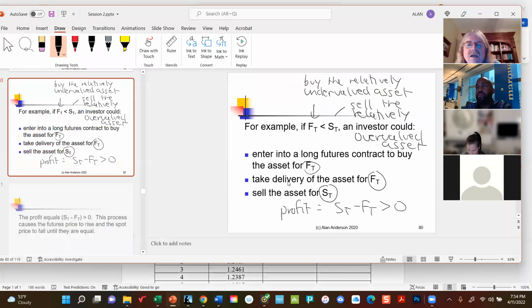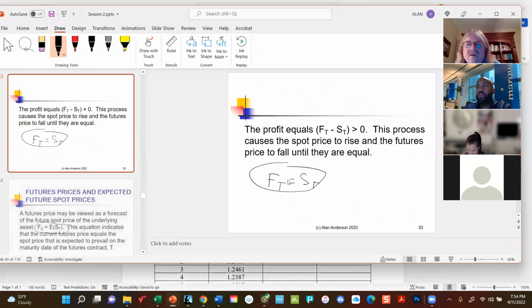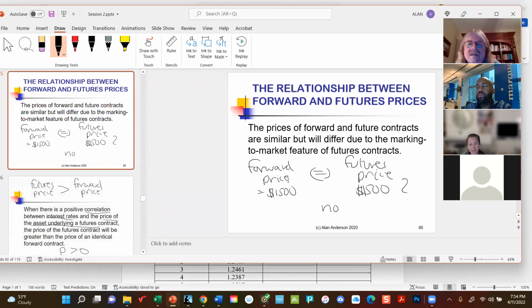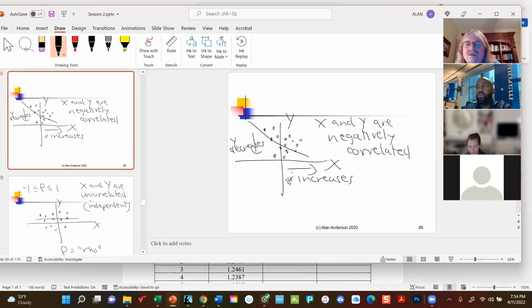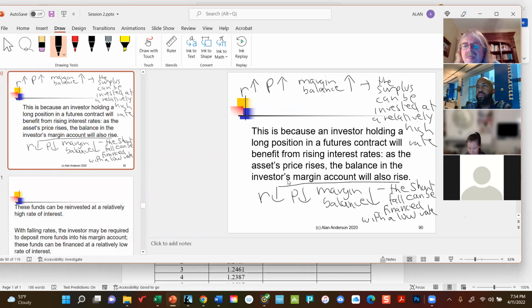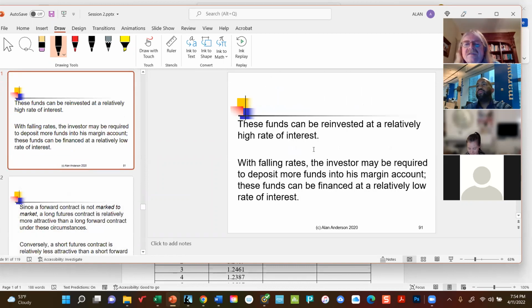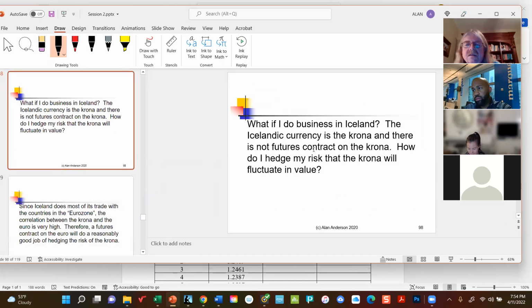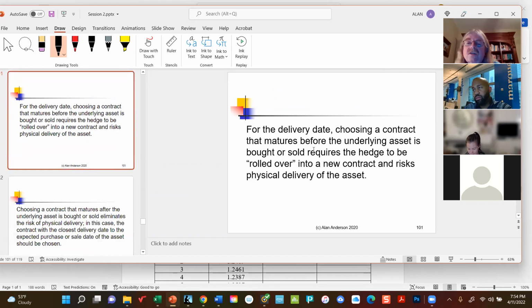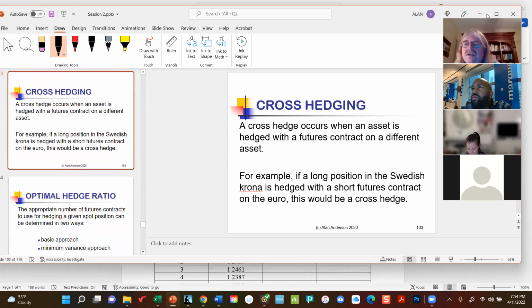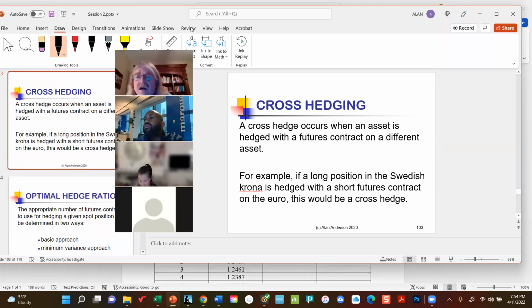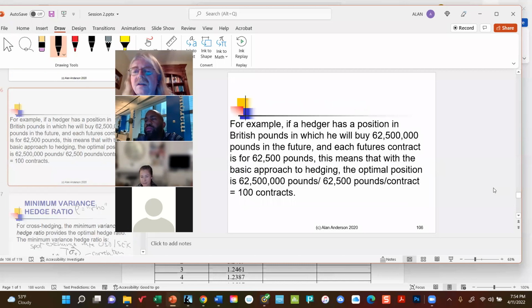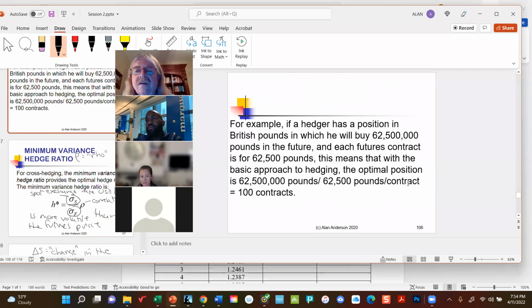So this next part is more of a theoretical discussion about these forwards and futures prices. And then we have to talk about correlation too. There's a discussion here about hedging strategies, which is kind of interesting. I was terrified that we were going to run out of time tonight. No, we're ahead of where we need to be.